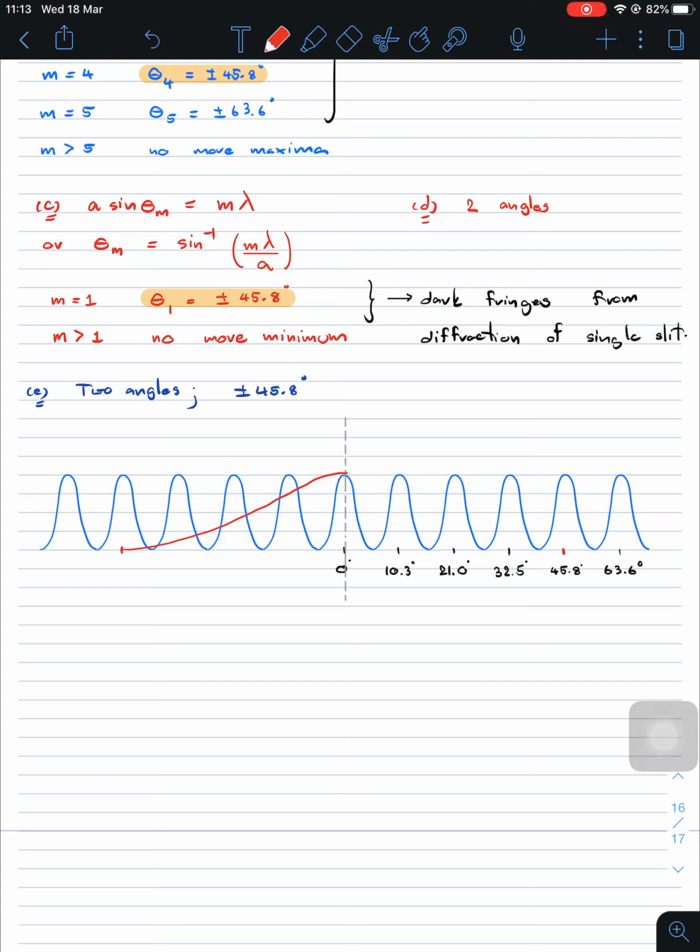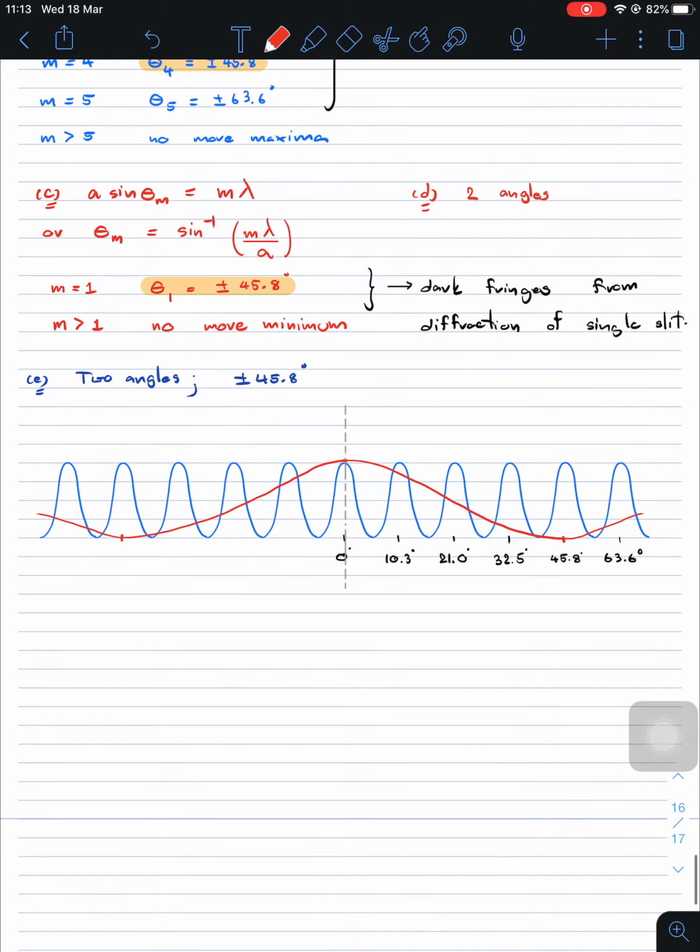It's going to look like, okay, kind of symmetric, and it's going to go like this. Okay, cut off like this one.